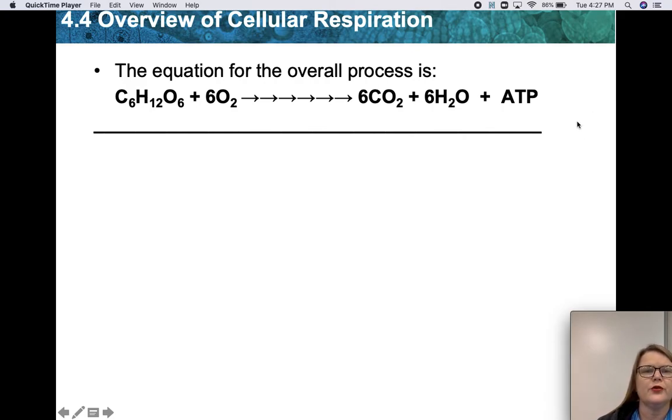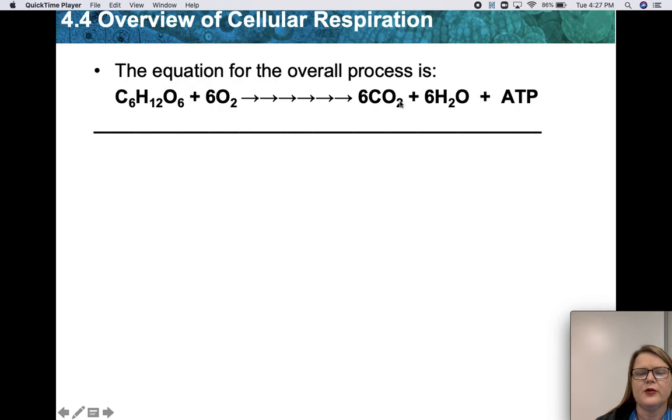The equation for the overall process is C6H12O6 plus 6O2, and then 6H2O, I'm sorry. This is what was given off from photosynthesis, and that's going to yield... This is what was generally taken in by photosynthesis.